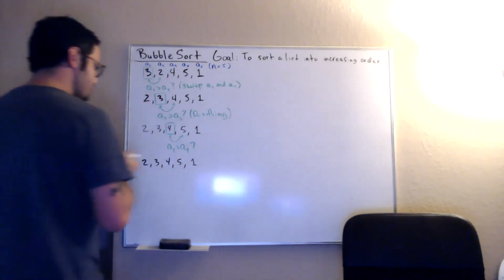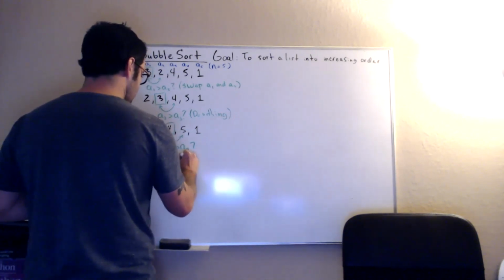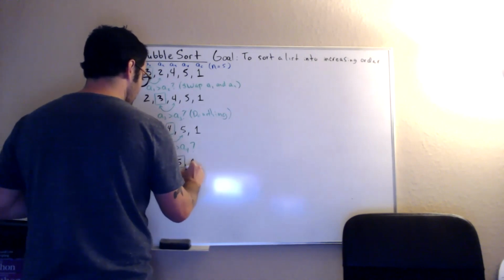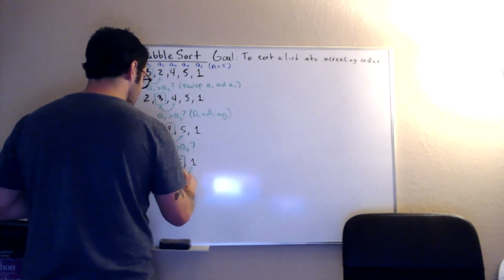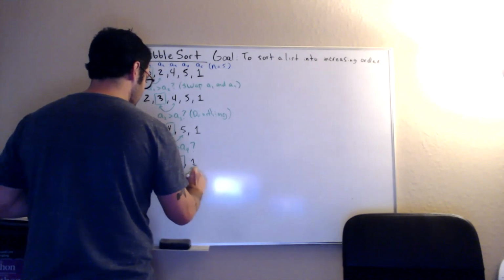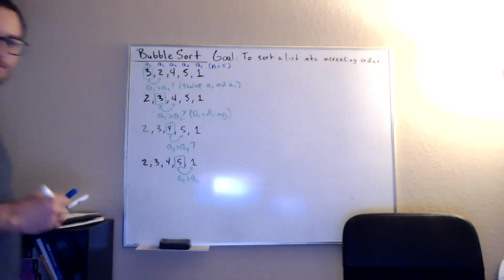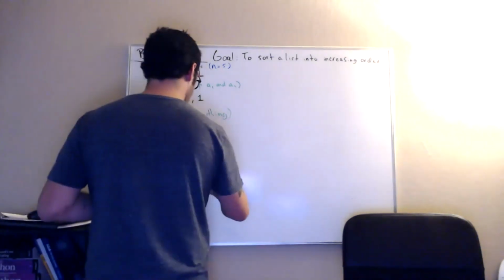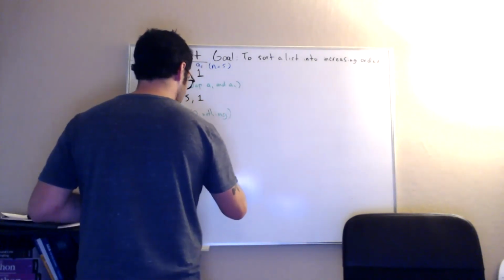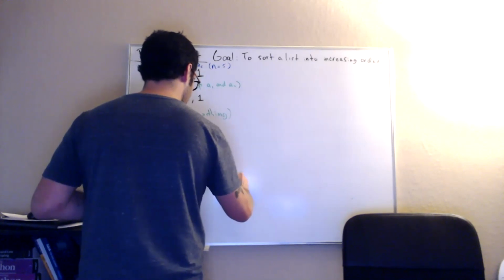So then we move to A4. And we compare A4. Is that greater than A5? It is. So we're going to swap these 2 entries. Swap A4 and A5.